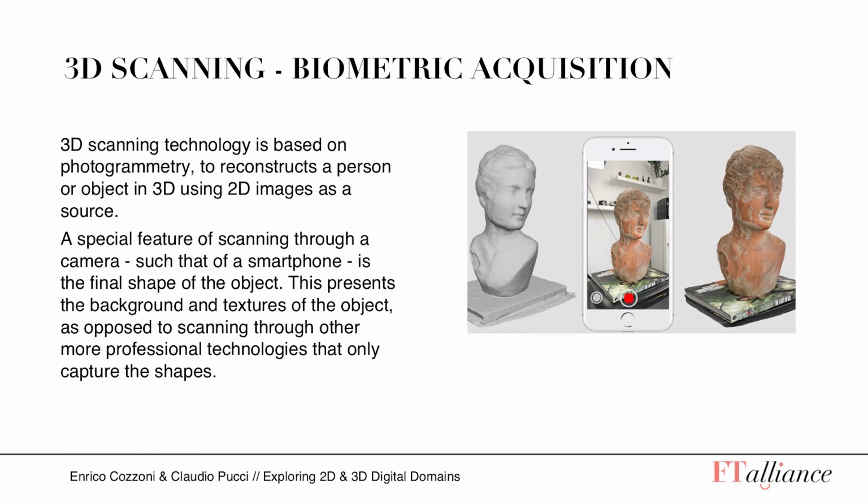You have a lot of tools around you that you can use, a smartphone, for example, as a way for biometric acquisition. As you have seen before, we used a simple camera, and we created in-house a very simple dark box for the digital acquisition of the image.